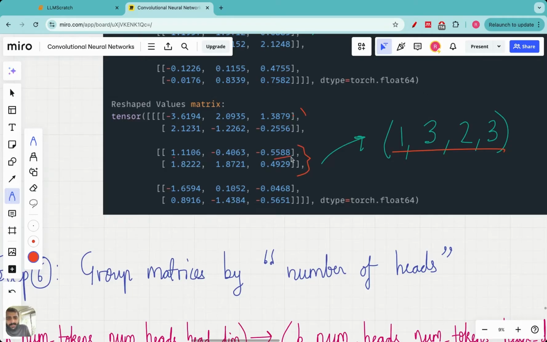If you now look at the first row of the second row, that is the three-dimensional head vector for the first head. If you look at the second row, that's the three-dimensional head vector for the second head. Remember, every token has two attention heads, so you can think of it as two people paying attention to each token, because we have two attention heads. That's why there are two rows corresponding to every token.